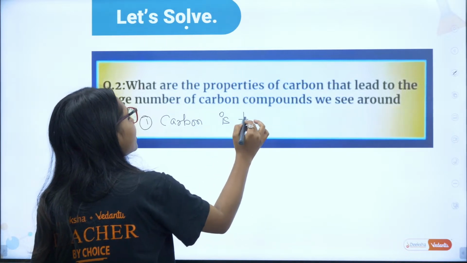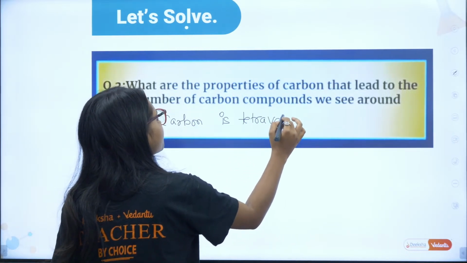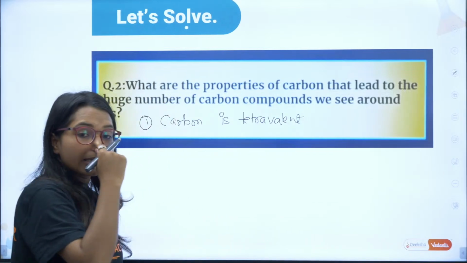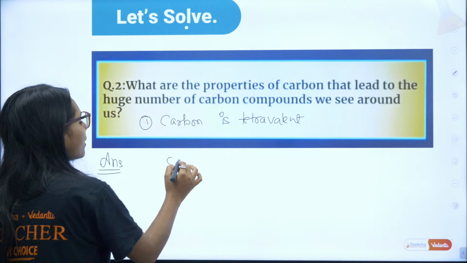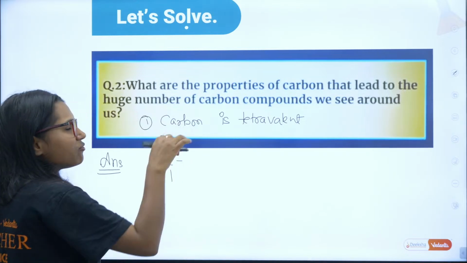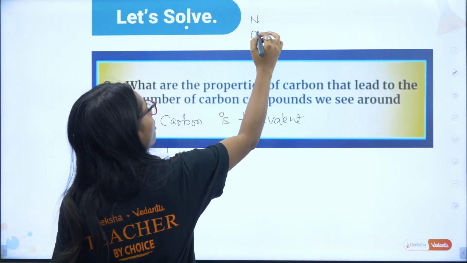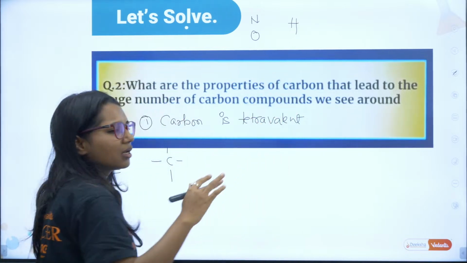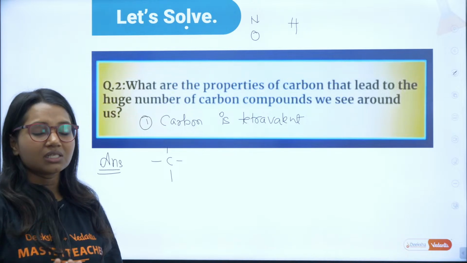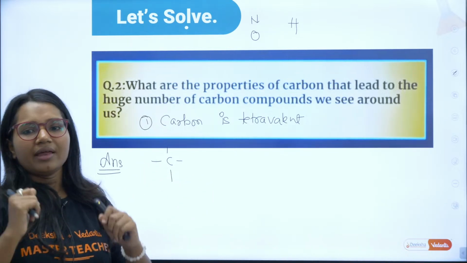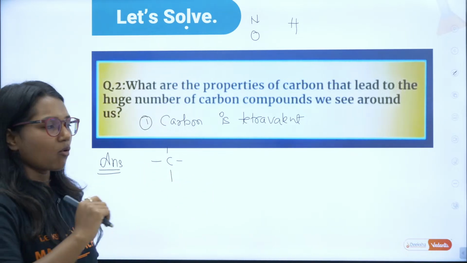It means that carbon can form 4 bonds. Nitrogen, oxygen, hydrogen can form a maximum of 2-3 bonds. But carbon is tetravalent. Carbon can form 4 bonds.